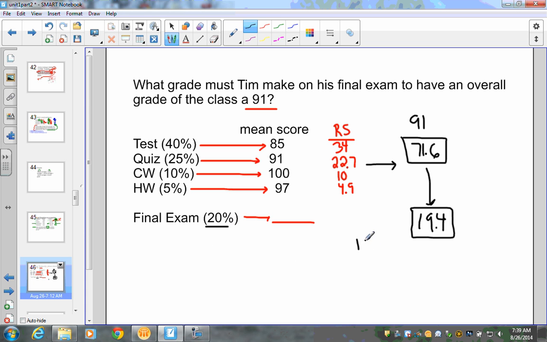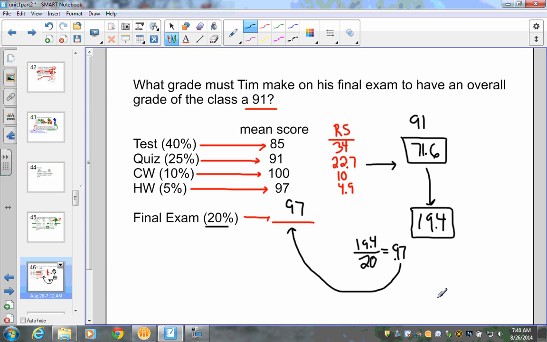So we take 19.4 and divide it by 20. And when we divide 19.4 by 20, we get an answer of 0.97. And so basically this 0.97 is our score to figure out what he needs to make, which is he has to make a 97 on his final exam in order to have an overall score of a 91.